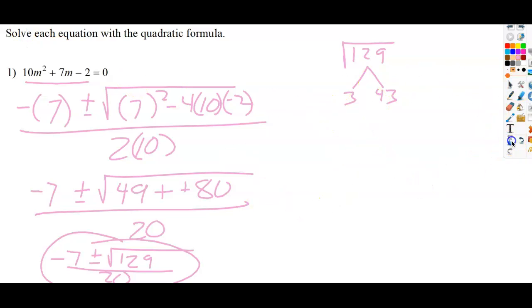Now for number 2, I will do the first few steps because it is a little bit different than number 1. The problem with number 2 is that it's not in standard form yet. We need to get all the terms on one side and have it be equal to 0. So the first thing we're going to do is add 11x squared to both sides, and I'm going to subtract the 3 on both sides.